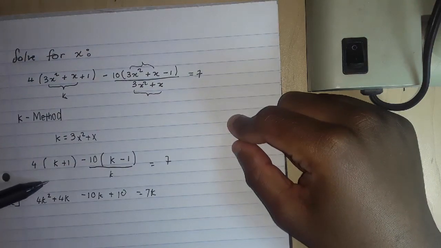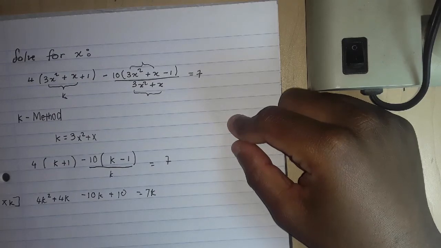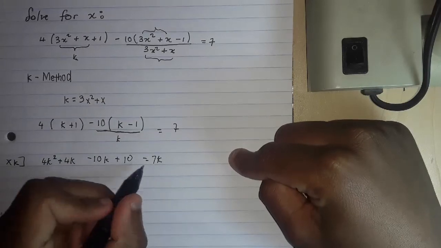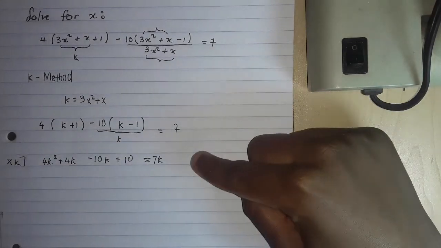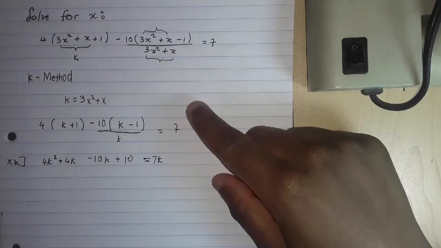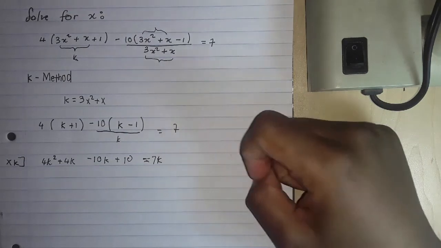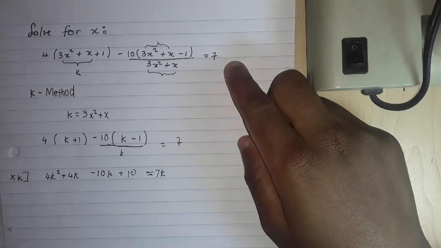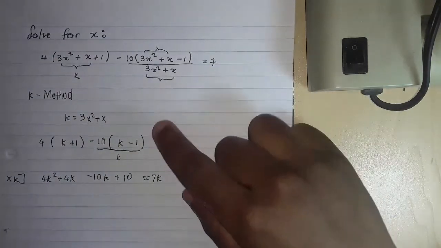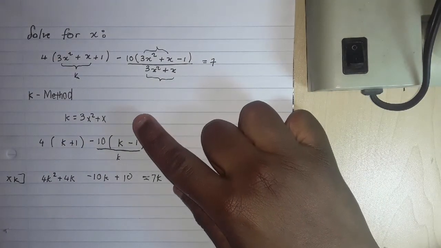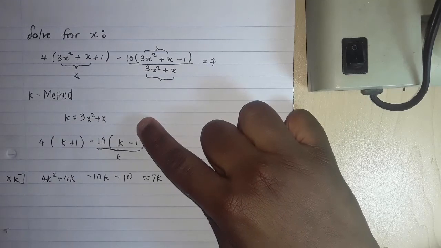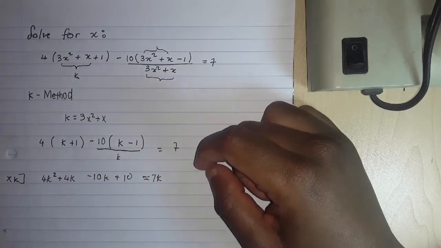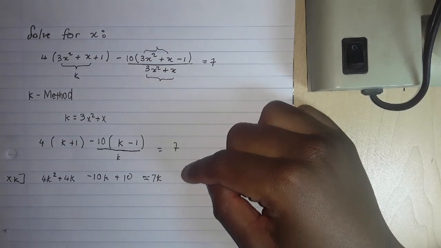If you attempt to expand on your own on this step, you should get to the same expression as this. But you can see how the K method actually simplified this calculation to a much simpler one, because if we had to deal with that, that's rather more complicated than just substituting 3x squared plus x equals K. And then now I'll write this a bit neater.